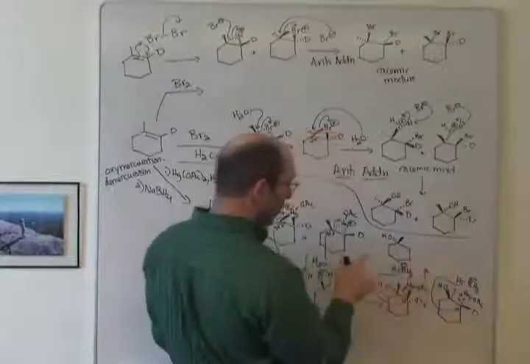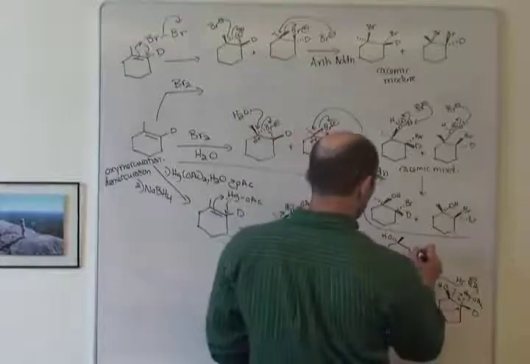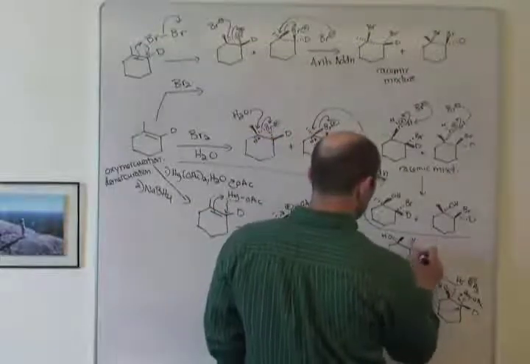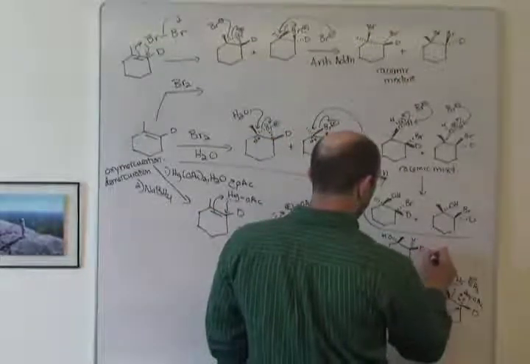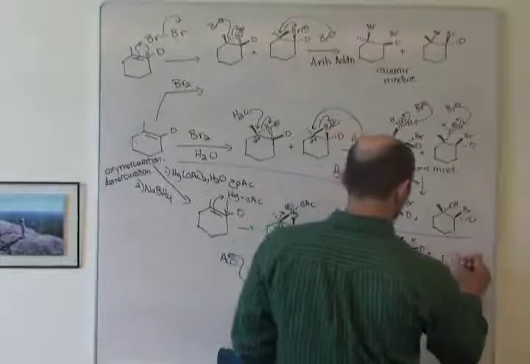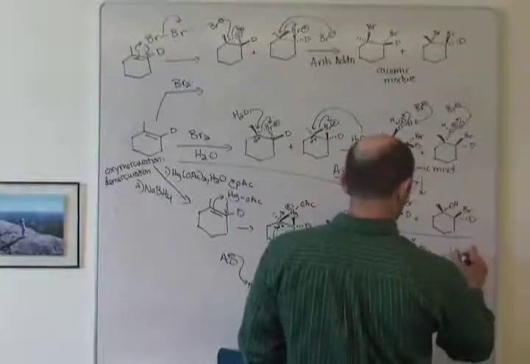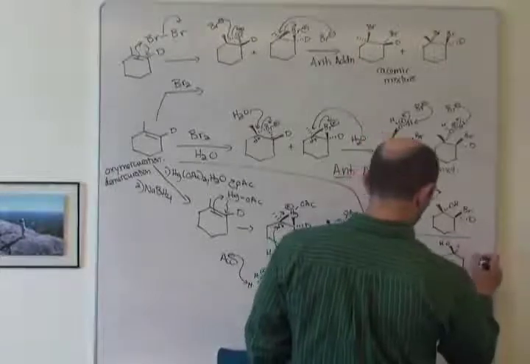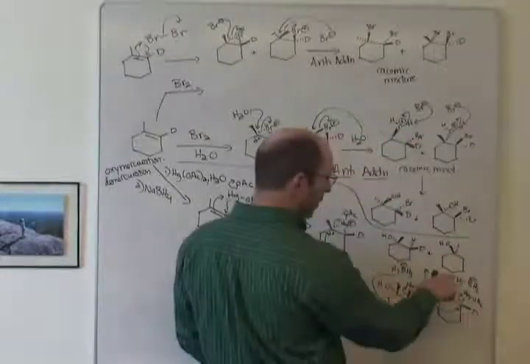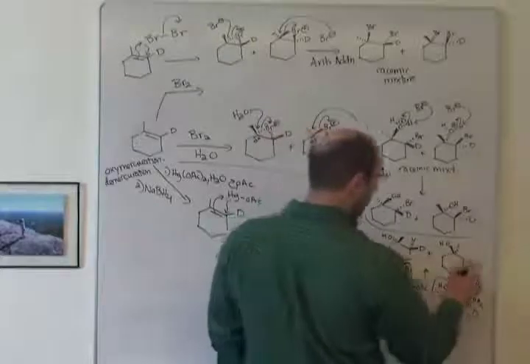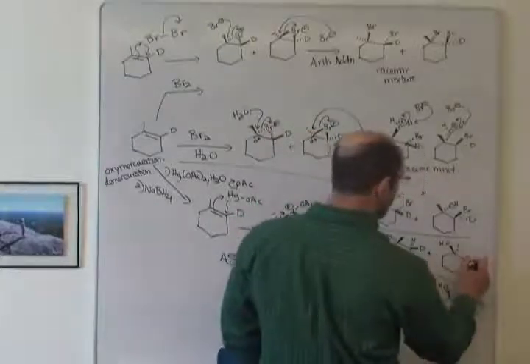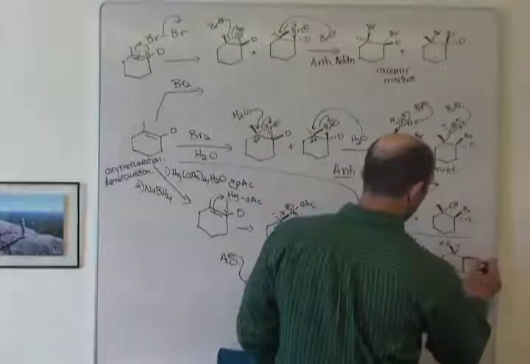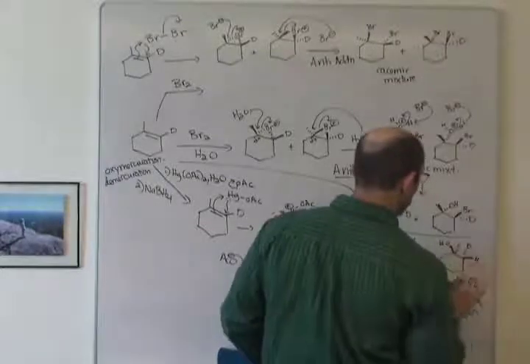So this one, the mercury was in the front, the H comes from the back. So the H is back, pushes deuterium out. Opposite happens here. Mercury is going from the back, H comes from the front, and the deuterium ends up going back.